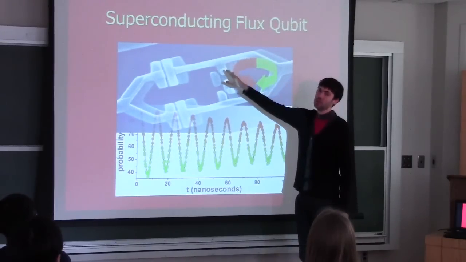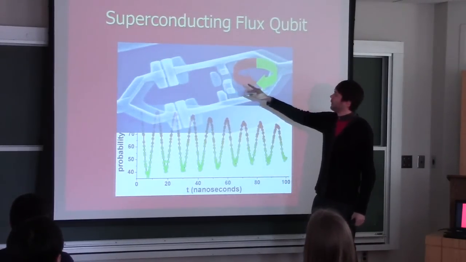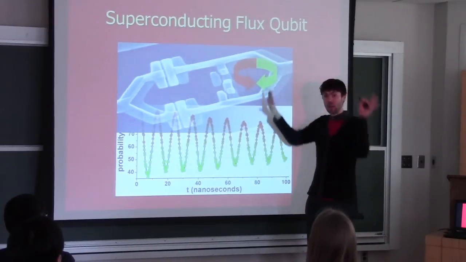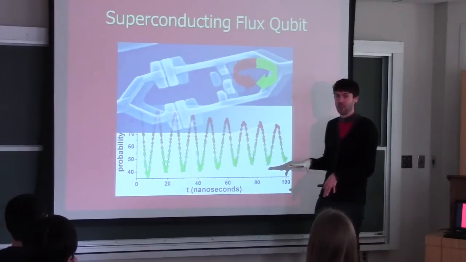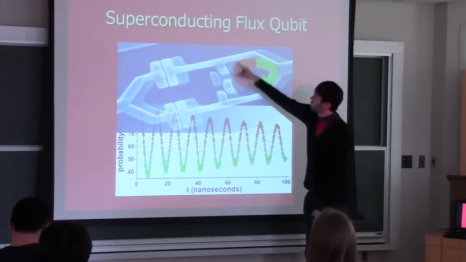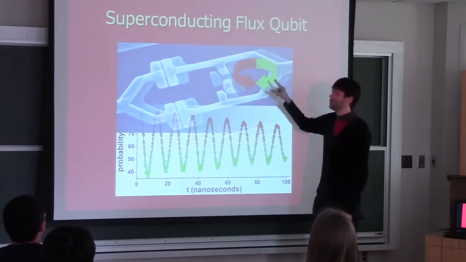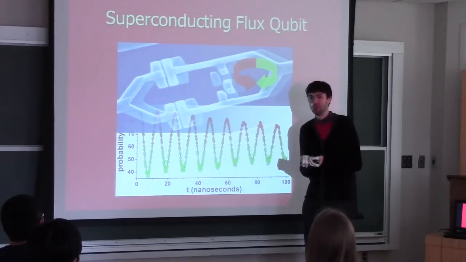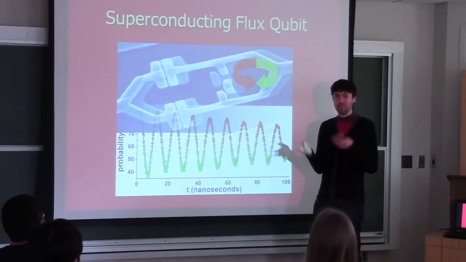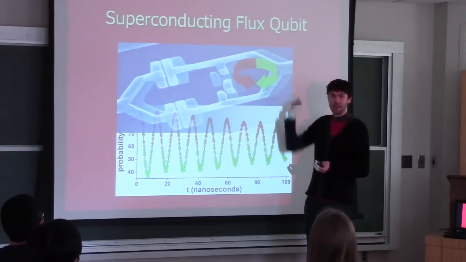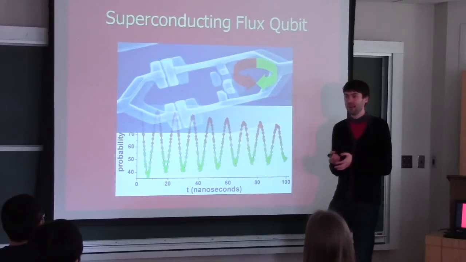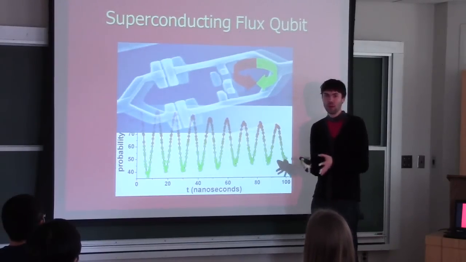So this is a little bit special loop, but in essence, it is a loop with a certain inductance, and they've isolated it from the environment and cooled it down to low temperatures, such that the current that circulates here can circulate in two directions at the same time. And the number of particles that participate in this current is in the billions. Billions of electrons flowing clockwise and counterclockwise at the same time. So some people consider this as an example of macroscopic quantum coherence.